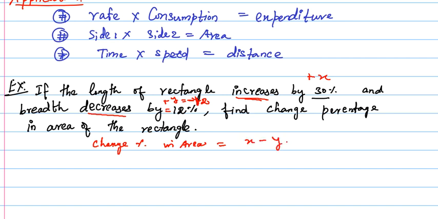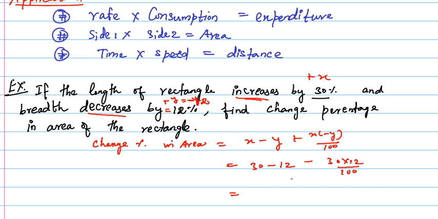x minus y plus x into minus y divided by 100, which is equal to 30 minus 12 minus 30 into 12 divided by 100.